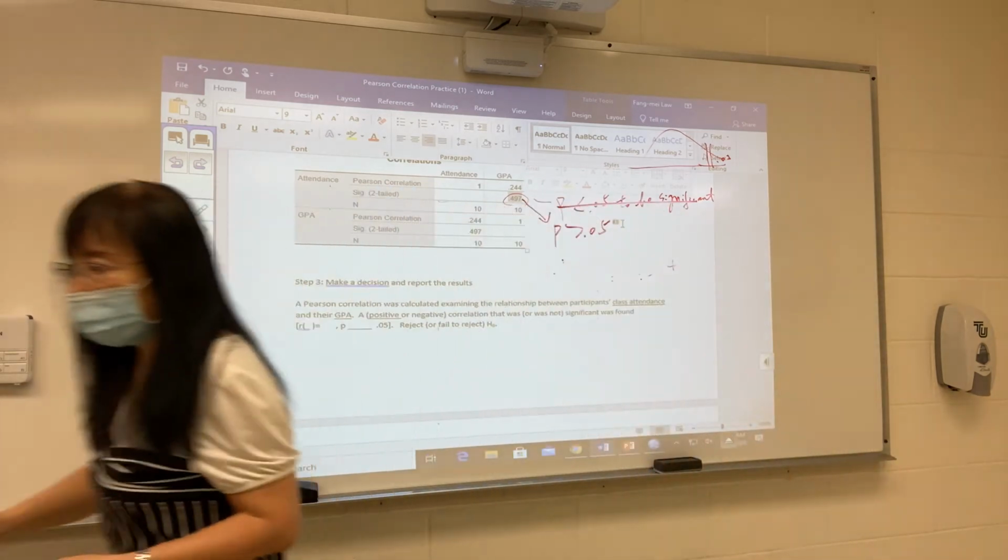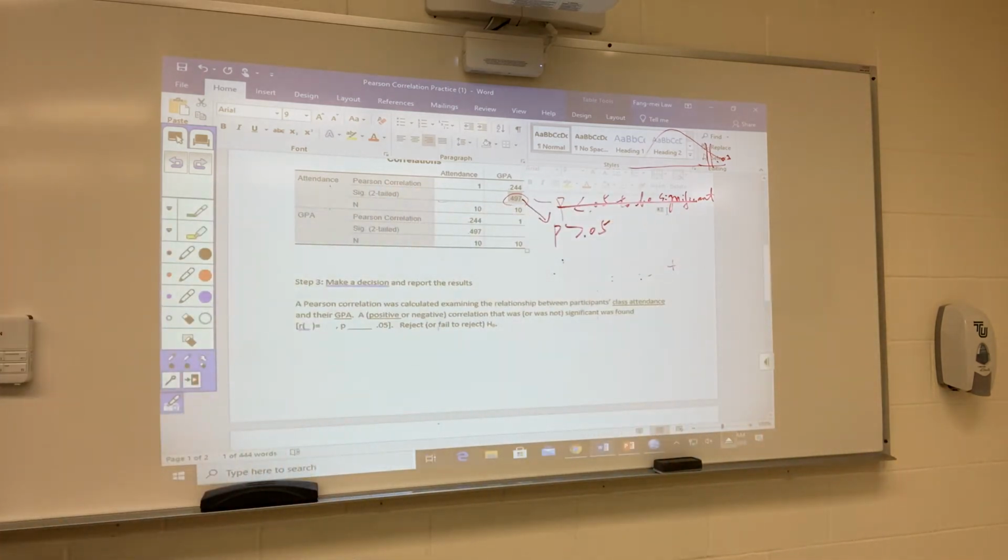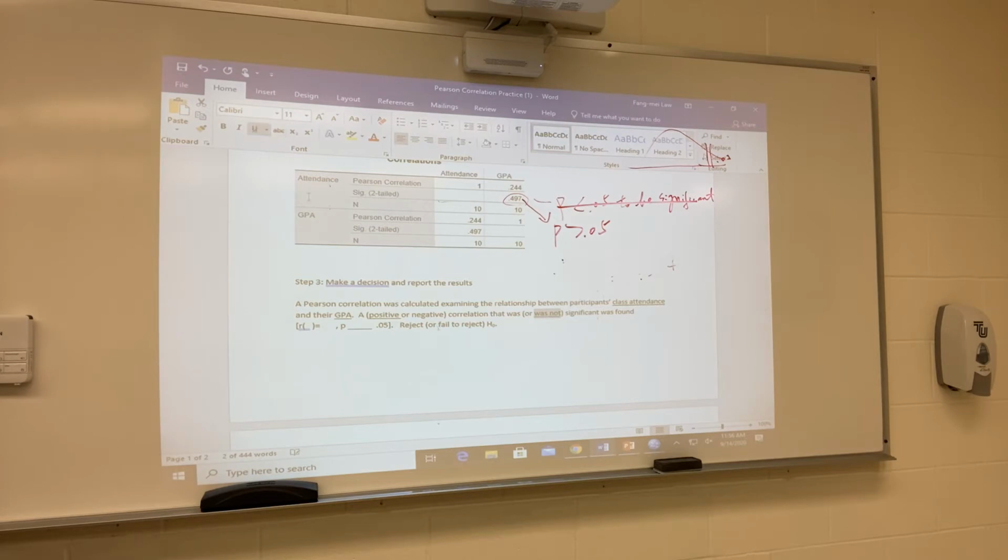So in your worksheet, do you need to say was or was not? No, so highlight was not. Significant was not found. Was not significant.